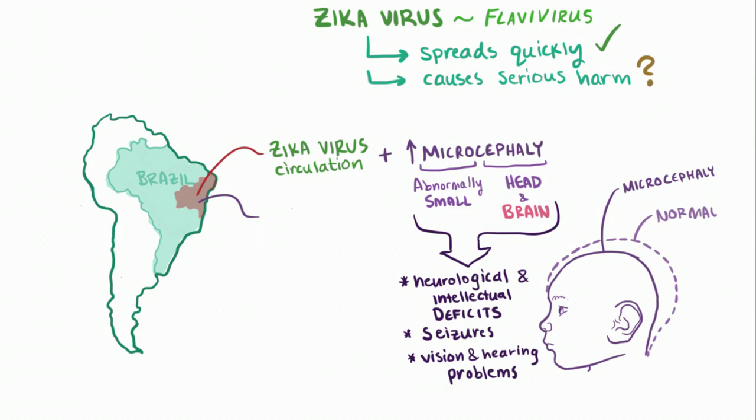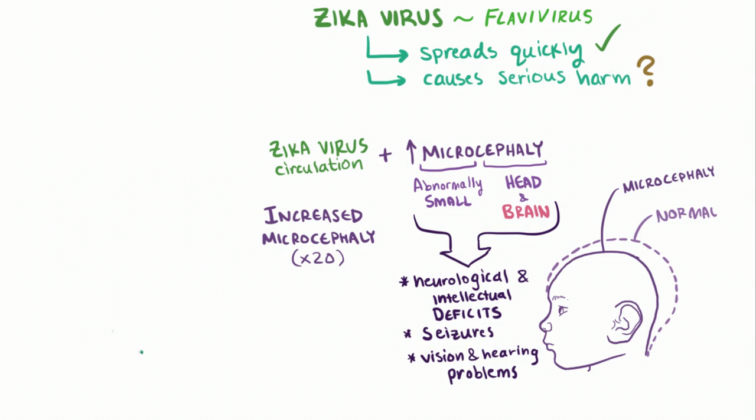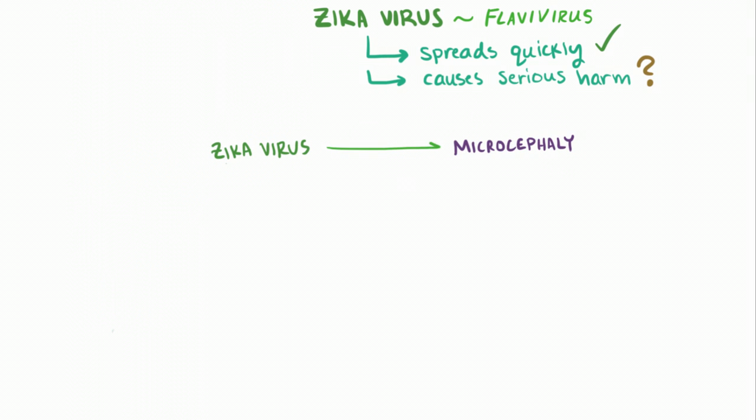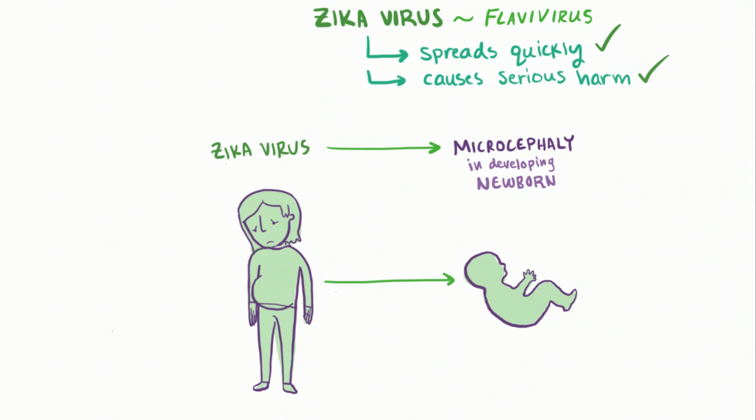It was noticed that there was this huge increase in babies with microcephaly, up to a 20-fold increase, among Brazilian states with Zika virus outbreak. As of November 2015, the European Center for Disease Control has stated that it's plausible that the Zika virus is able to cause microcephaly in the developing fetus or newborn, as the Zika virus can be transmitted from mother to baby during pregnancy or around the time of birth.